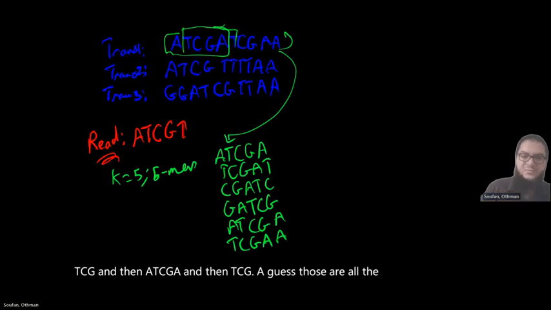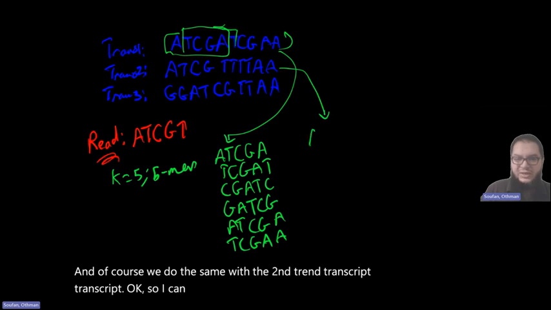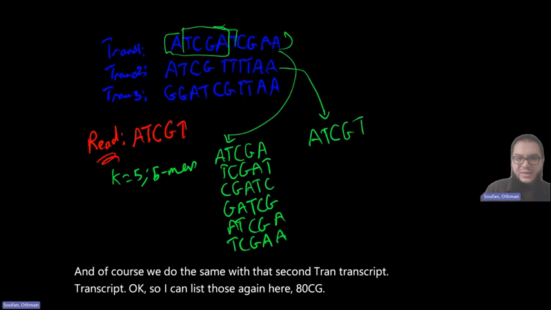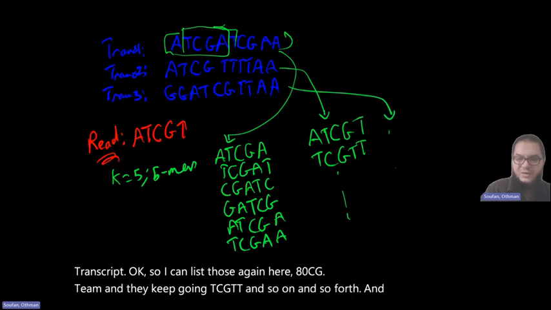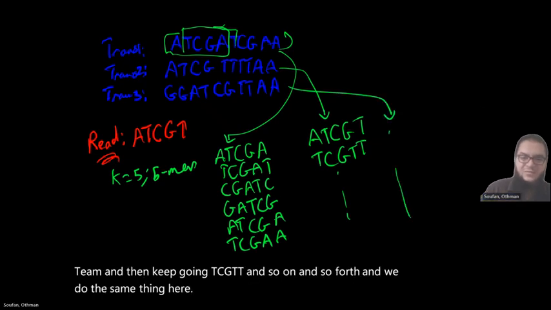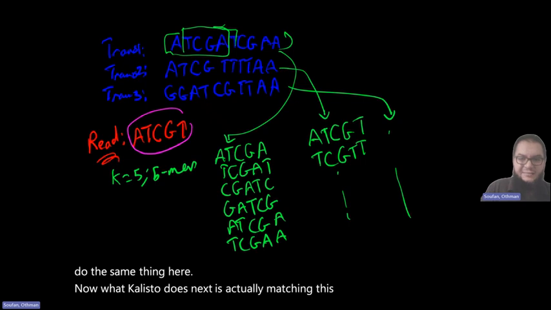Very well. And of course, we do the same with the second transcript. Okay, so I can list those again here: A, T, C, G, T, and then keep going: T, C, G, T, T, and so on and so forth. And we do the same thing here. Now, what Kallisto does next is actually matching this directly by some techniques like hashing and so on and so forth.